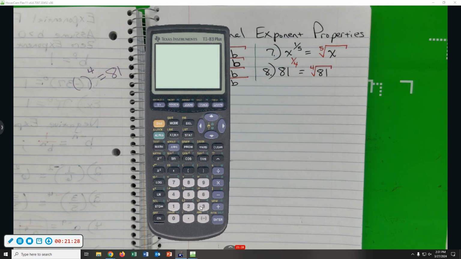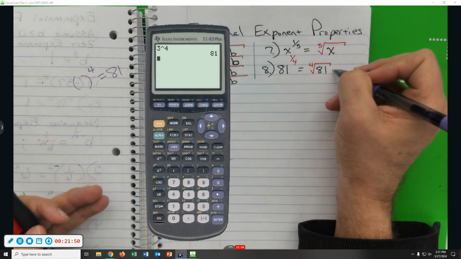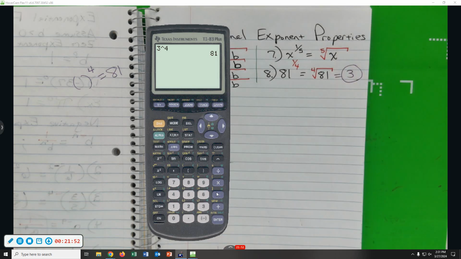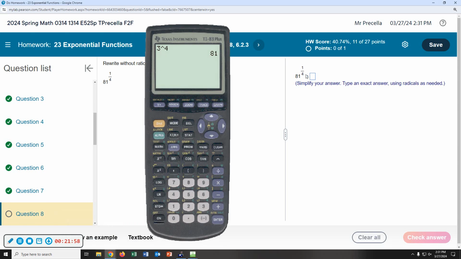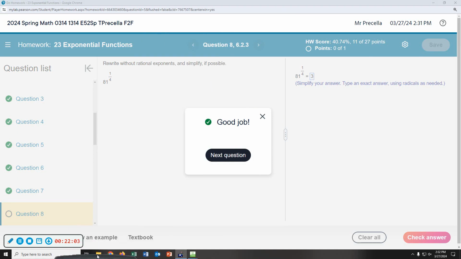When you think of 81, I think of 9 times 9, right? 9 is a perfect square, so I think 3 to the 4th. 3 raised to the 4th power. Does that give us 81? Yes, it does. The 4th root of 81 is equal to 3. Any questions there?